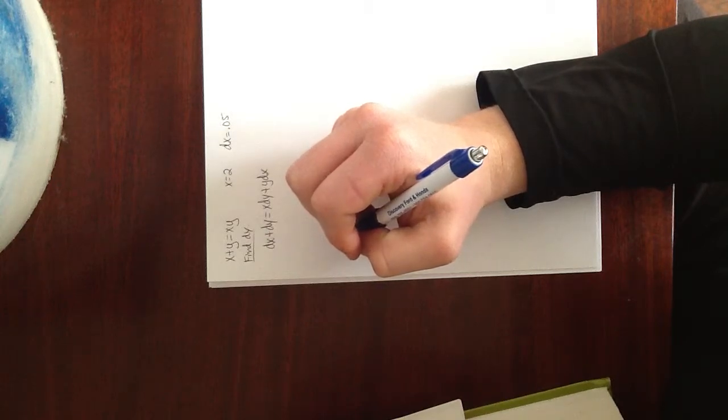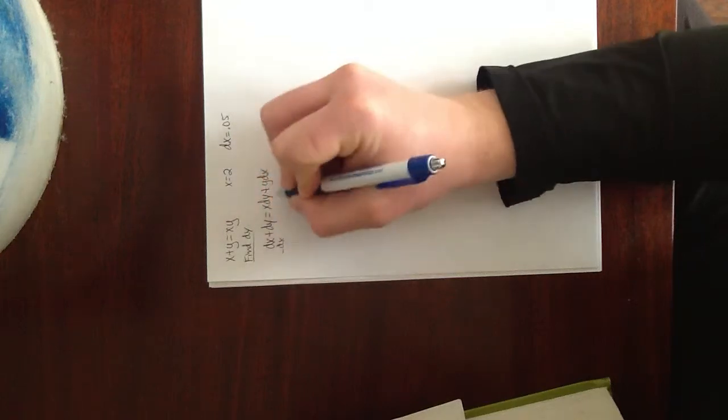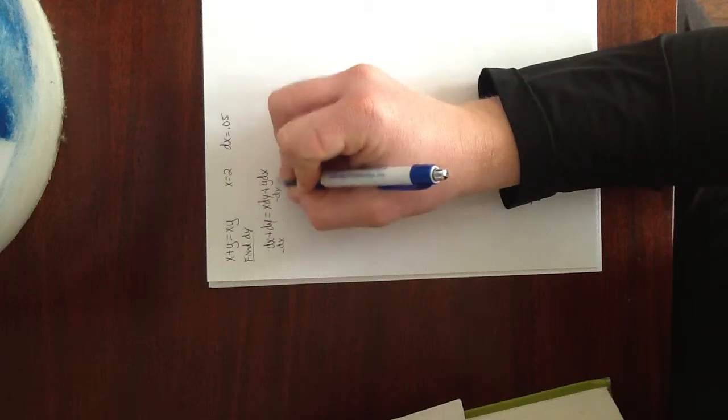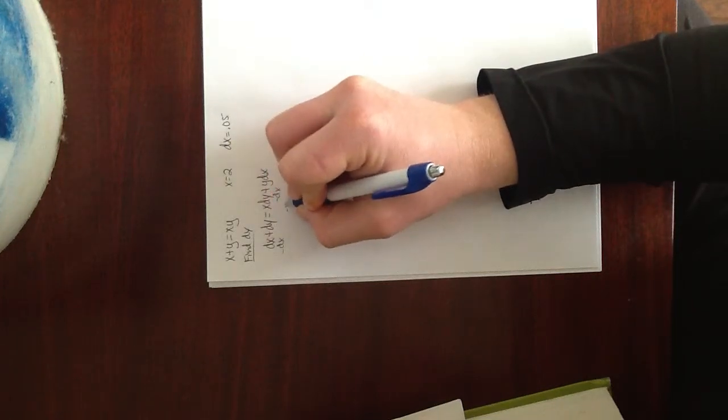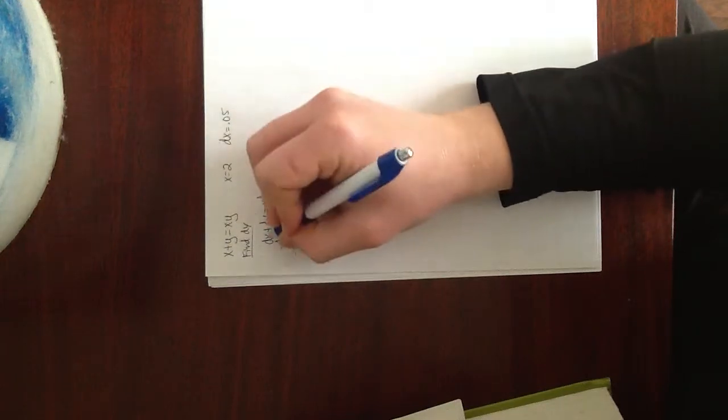And I want to solve for dy here. So I'll get everything with dy to one side. I'll subtract dx and subtract x dy over to this side, so these are going to go away.